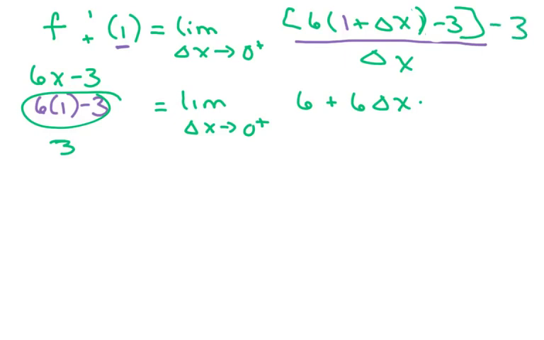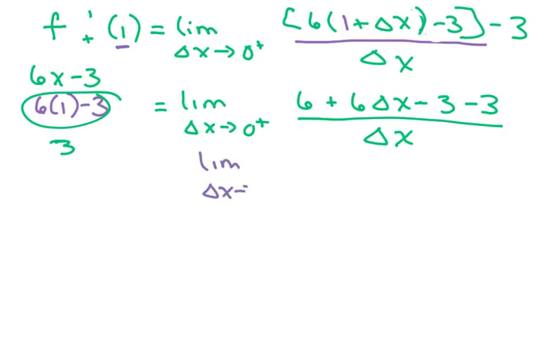All right, so we get minus 3 over our delta x. Basically we're going to get the limit as delta x approaches 0 from the right, and these will cancel. So you get 6 delta x over delta x, and that equals 6.